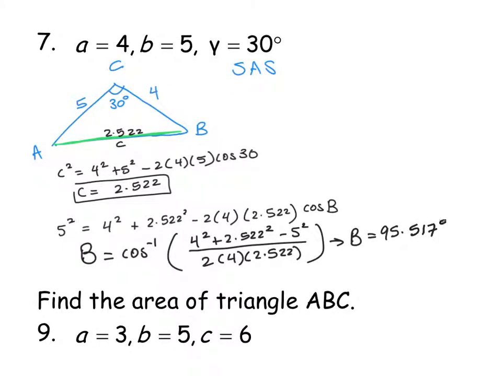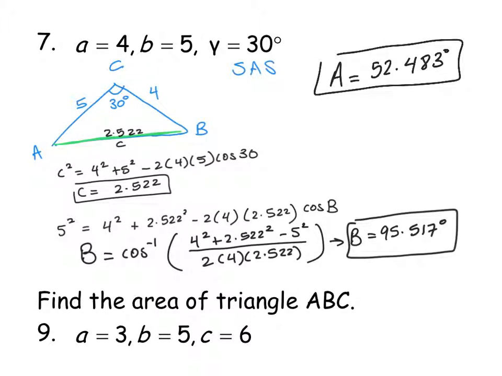So we just found the largest angle B using law of cosine. To find A, I simply subtract the measurement of angle B and measurement of angle C from 180, and I get angle A to be 52.483 degrees. So I just found angle A, angle B, and side C.